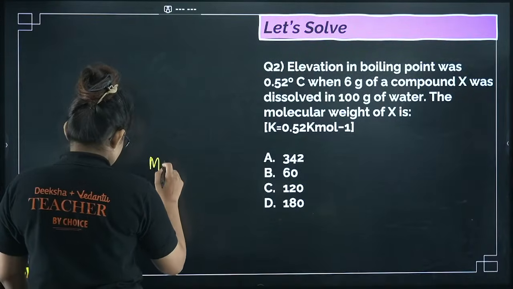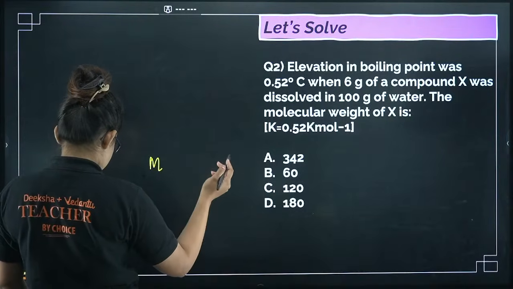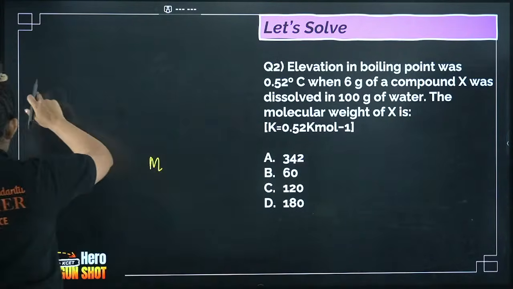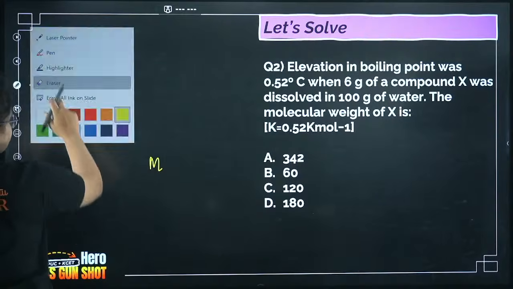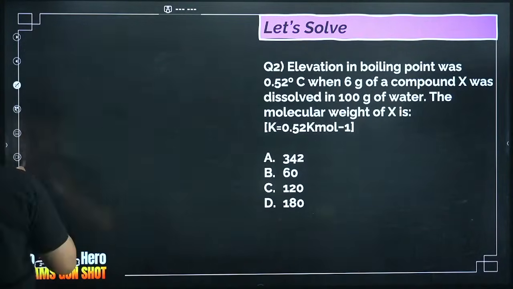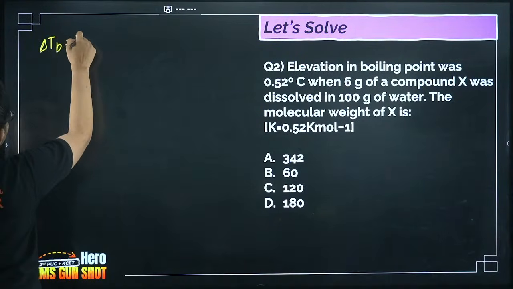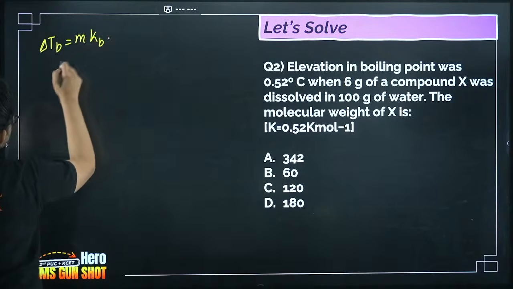So molality, if you just calculate, wait just a minute. Okay, so we know delta TB is basically m into Kb, right?